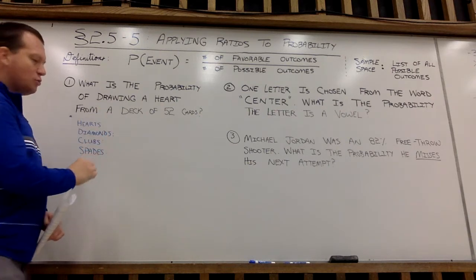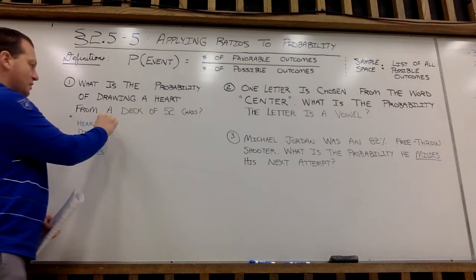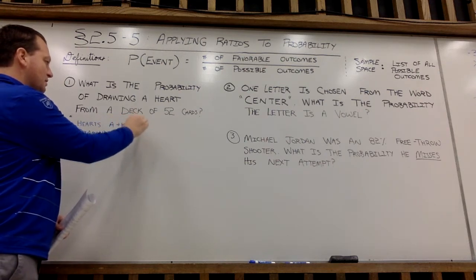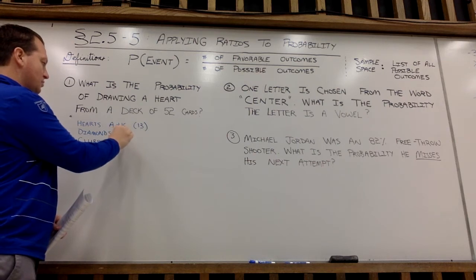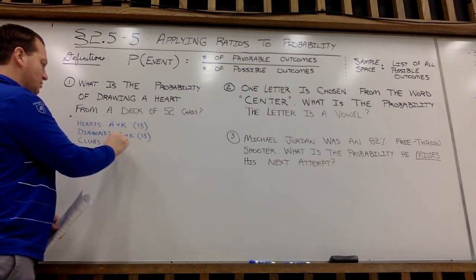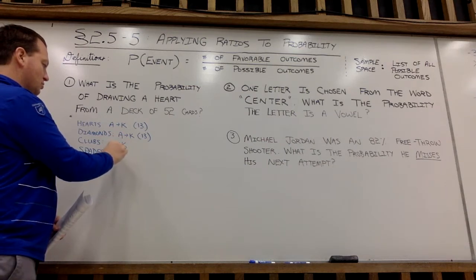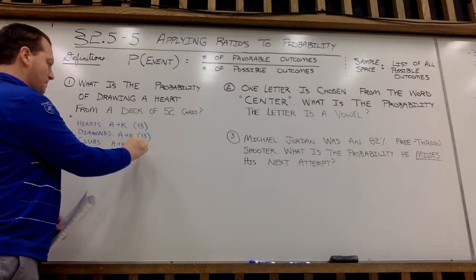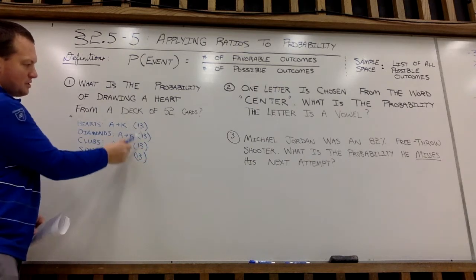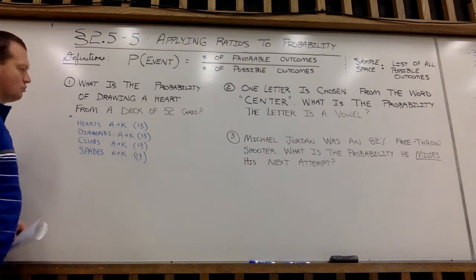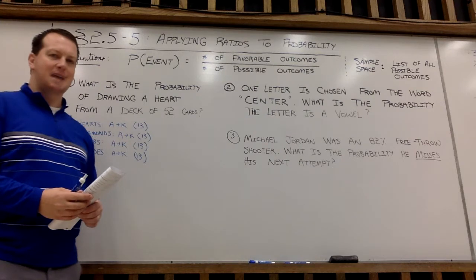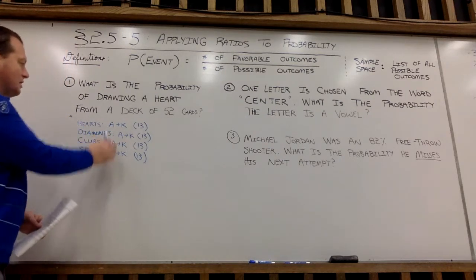In each suit, there is an ace through king, which is 13 cards, another 13, and another ace through king, ace through king. So there's how you get your 52: 13, 26, 39, 52. So your cards are ace, 2, 3, 4, 5, 6, 7, 8, 9, 10, and then jack, queen, king in each suit.